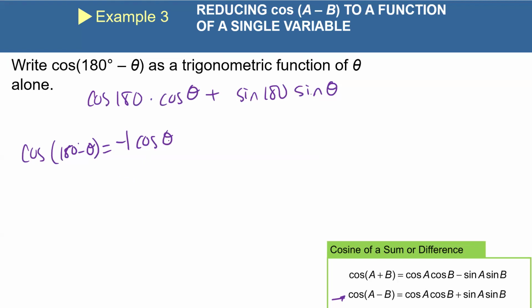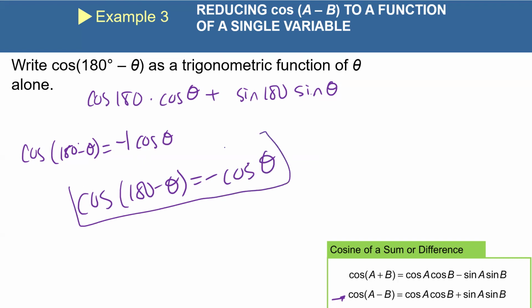So from here, we know that cosine of 180 minus theta equals negative cosine theta. So from there, you can kind of create your own trig identity for the difference of cosine, specifically with 180.